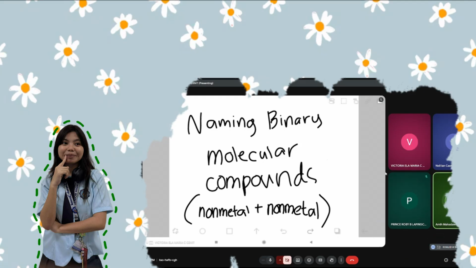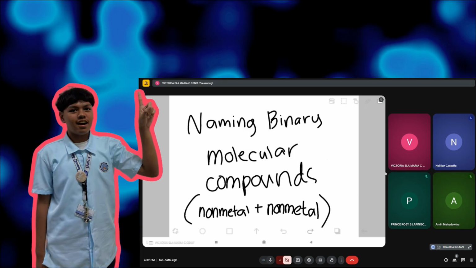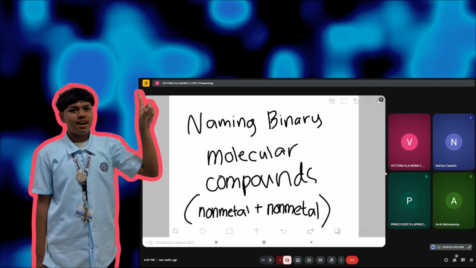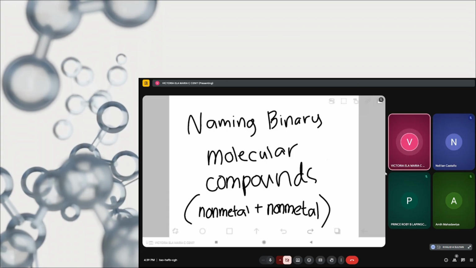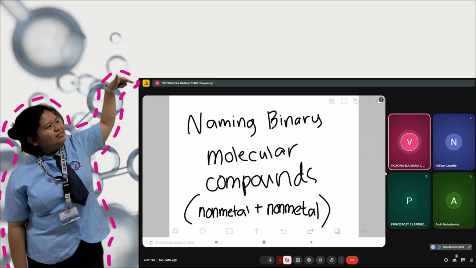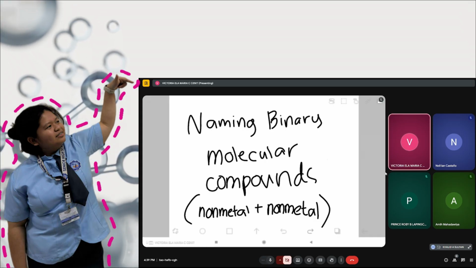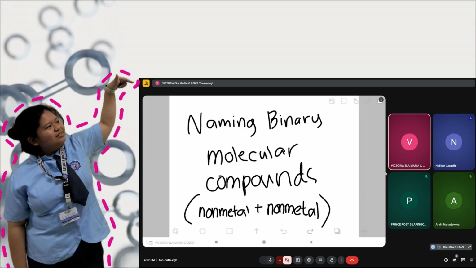Okay, now let's talk about naming binary molecular compounds. That's when two nonmetals combine. Right, that's different from ionic compounds, which are metal plus non-metal. Exactly. The rules are: write the least electronegative element first. Add the suffix "ide" to the more electronegative element.